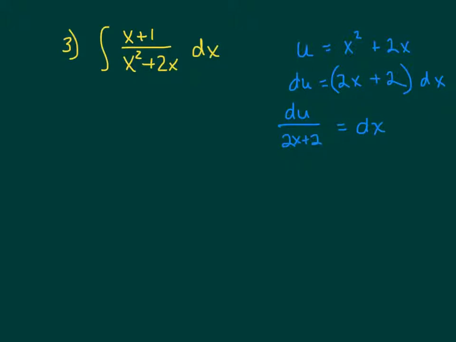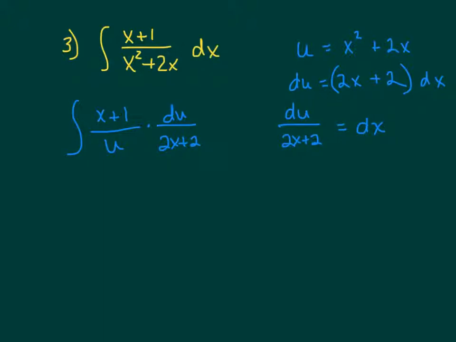All right, so let's go ahead and see how this works. So if I say the integral of, the x plus 1 is still there, so I'm just going to leave that as x plus 1 on the top, over u, then times, instead of dx, I'm going to put du over 2x plus 2. Now the idea is that I want something to cancel.